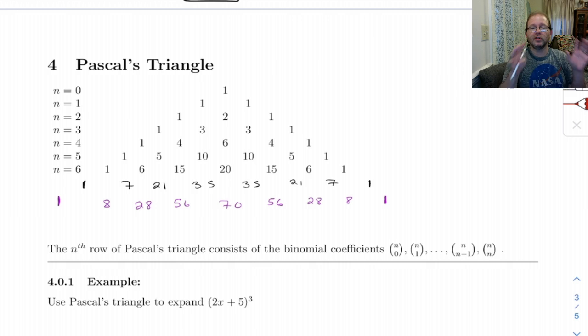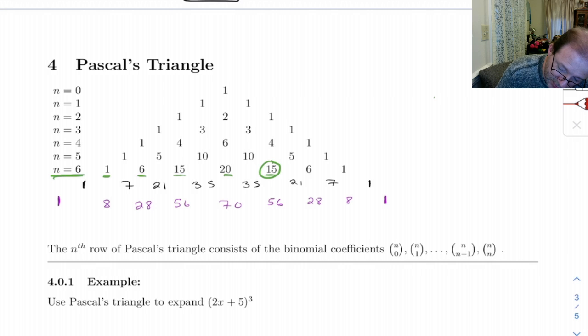So you can do that, and you can just keep going. And these numbers are all the binomial coefficients. For instance, let's just pick one and play with it. This right here, this 15. What that is, it's on row 6, and it's entry 0, 1, 2, 3, 4.